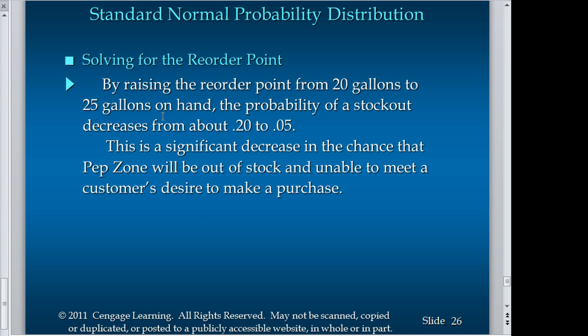So by raising the reorder point from 20 gallons to 25 gallons on hand, the probability of the stock out decreased from 20% to 5%, right? Okay.